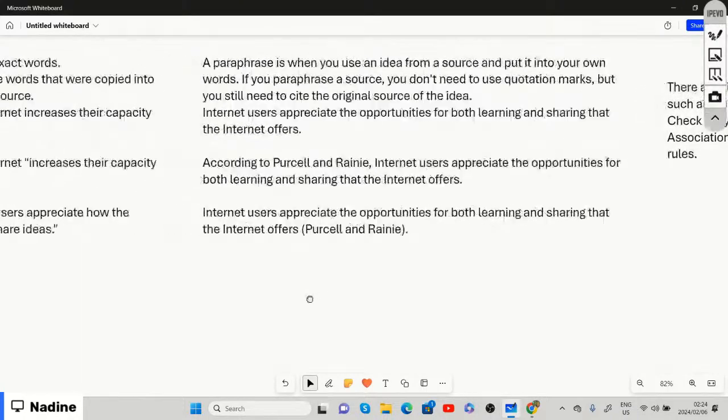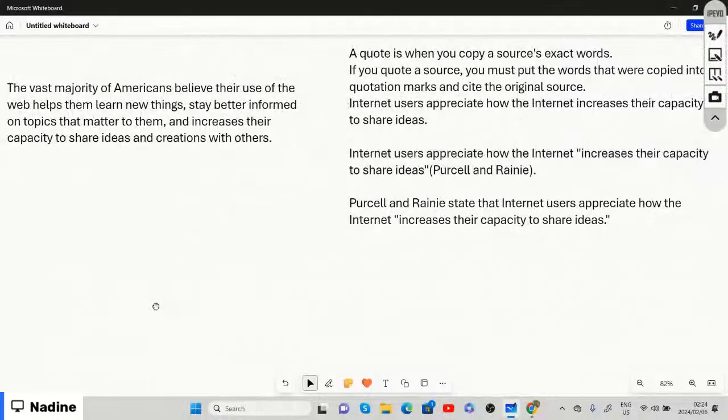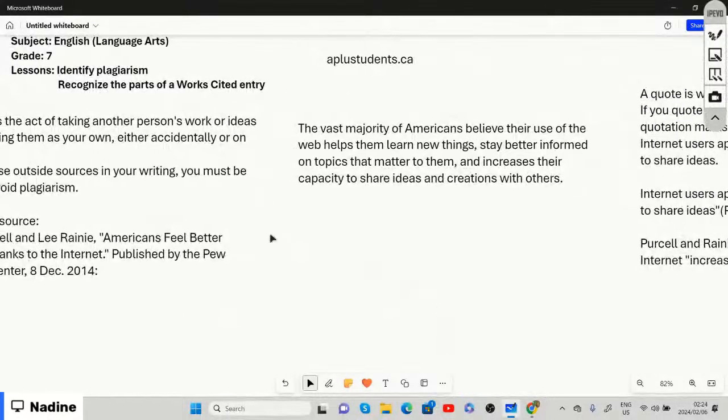All right. So we said when it comes to plagiarism, we need to first identify plagiarism. And remember, plagiarism is where you're taking somebody's ideas, thoughts, or information and making it your own.